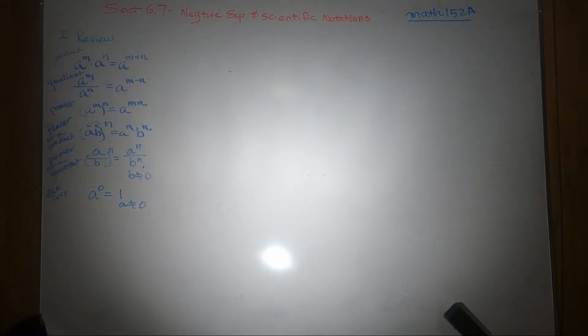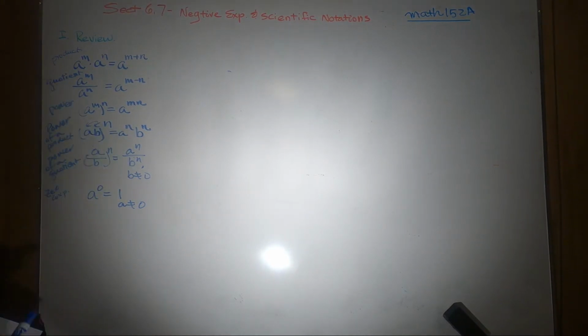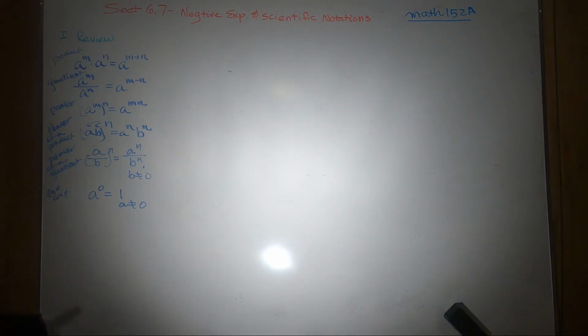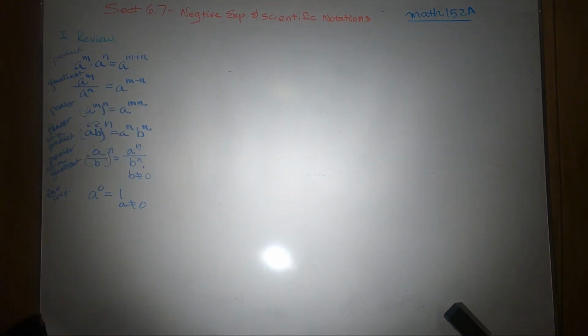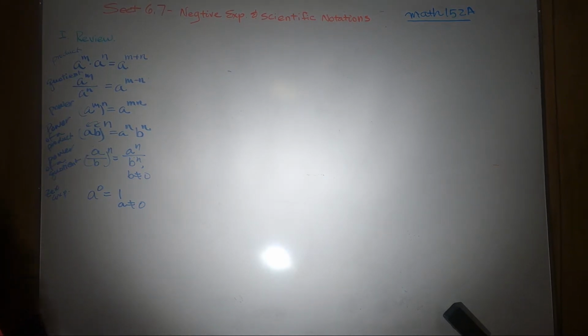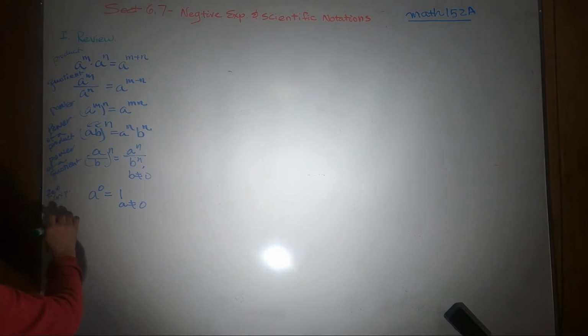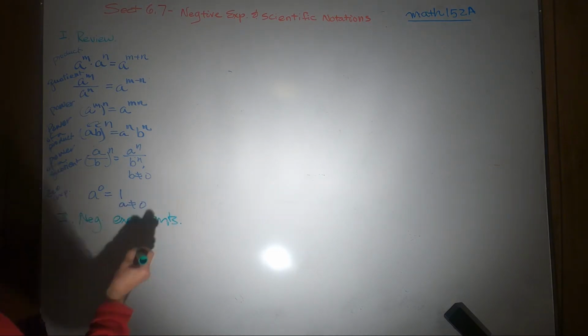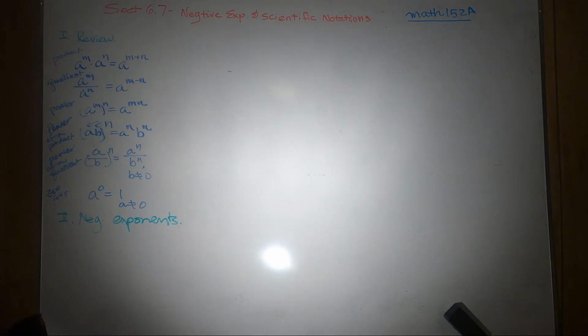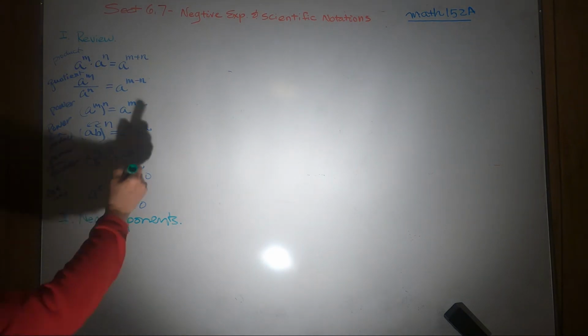right? So we are going to use those ideas to do something called scientific notation, okay? Before we do that, inside this scientific notation, we use something called negative exponent. Right? So far we talk about polynomials, and they are all what?